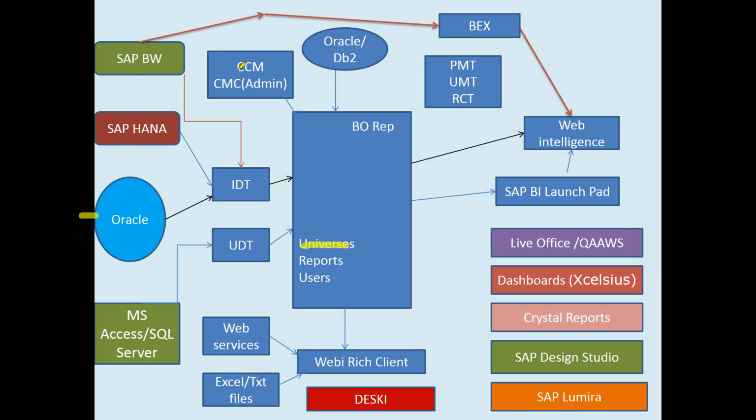When it comes to BW sources, you can either create a universe on top of the BW sources and develop a report, or, if it is an existing project where SAP BW is already implemented and BEx queries are already created by the SAP BW team, normally using the Query Designer tool in BW, then once the BEx is ready, you can directly connect to the BEx queries and develop a web report.